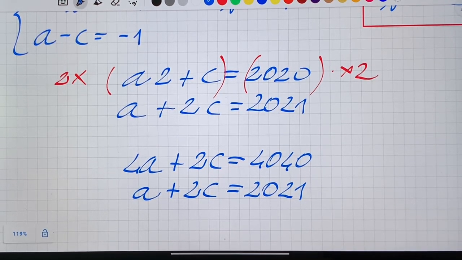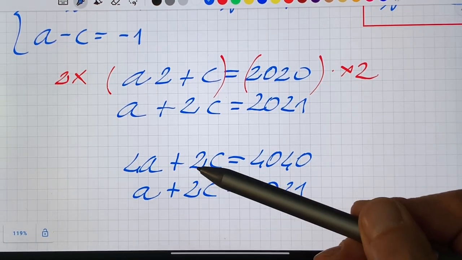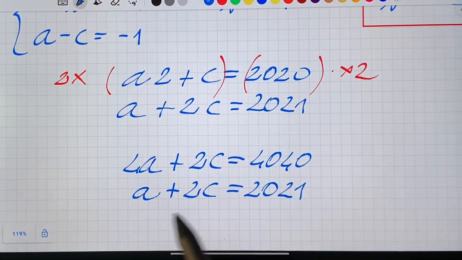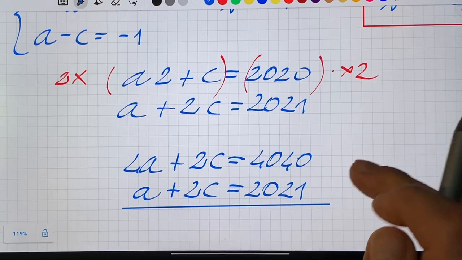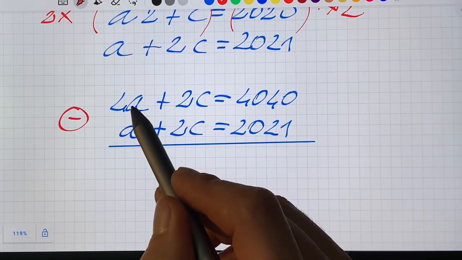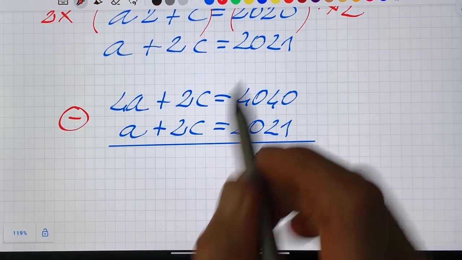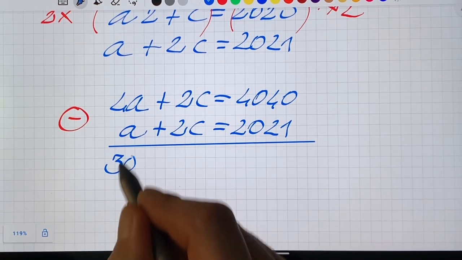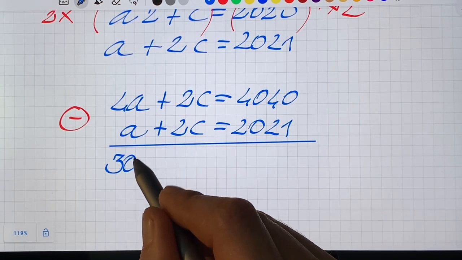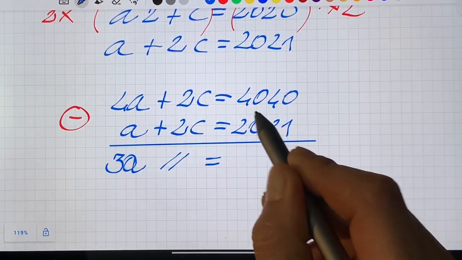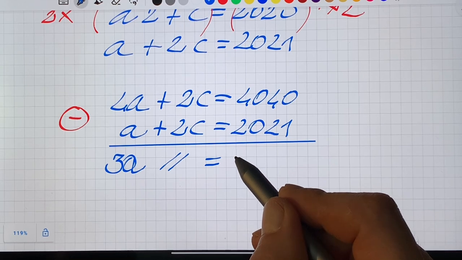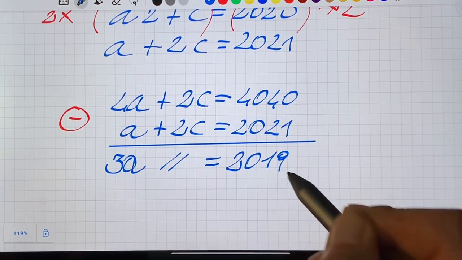Now, we said we are going to use the elimination method, so we will subtract each side of the first equation by each side of the second equation. So, we will do a subtraction. 4 times a minus a is 3 times a. 2 times c minus 2 times c is 0. And 4040 minus 2021 is 2019.